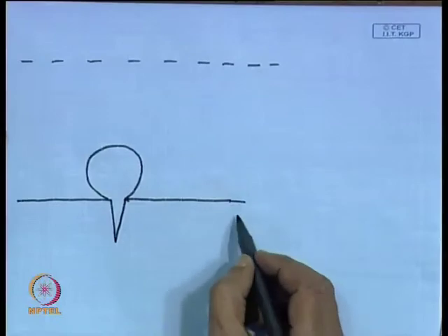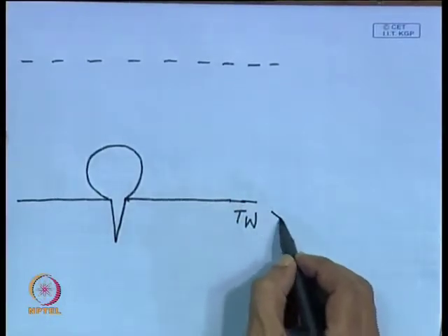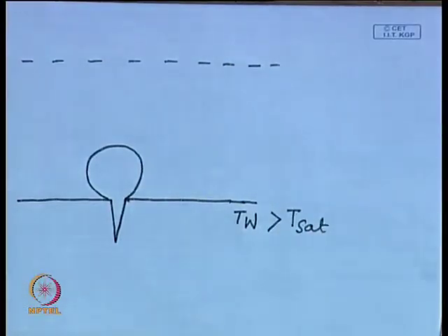At the hot surface, let us say the surface is kept at a temperature T wall, which is greater than T saturated. Unless this condition is met, we will not have boiling. Now, the dotted line I have drawn, though one may think that the bulk of the liquid will be at saturation temperature, very near the wall, as the wall temperature is higher than the saturation temperature, it could be substantially higher even.